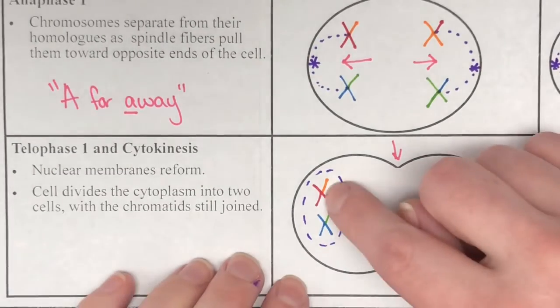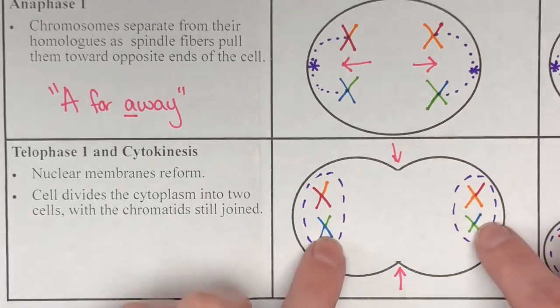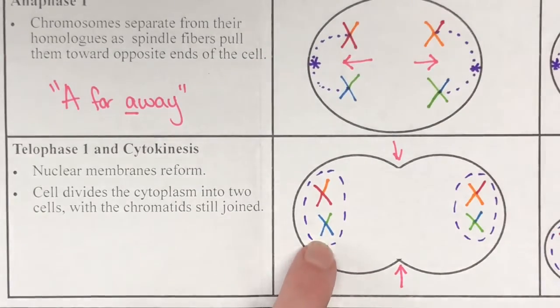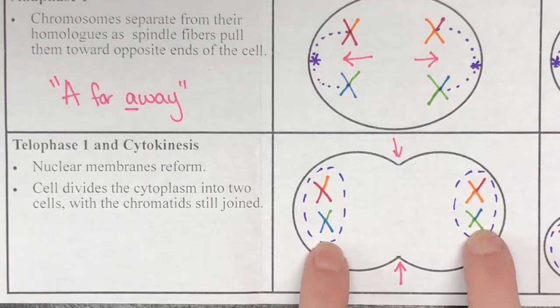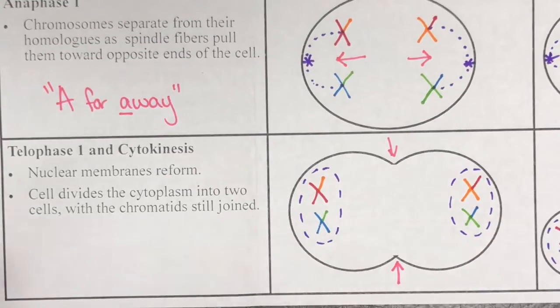Now notice, we've already got something different than what we started with. We started with 1 each of red, orange, blue, and green. And here, we do not have that in either of these, even though each has 4 chromatids like that original cell.